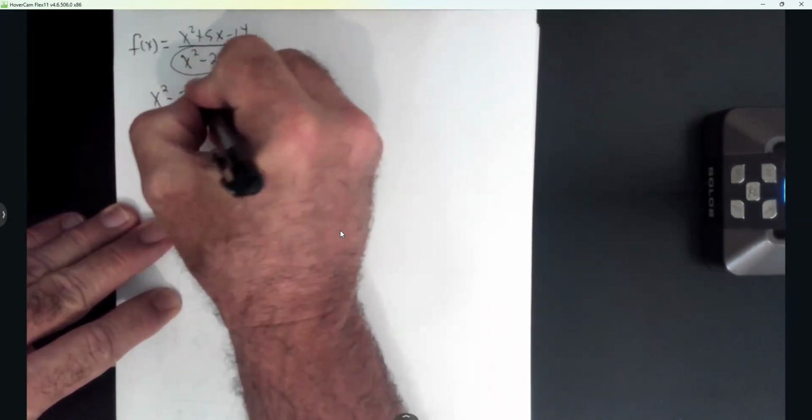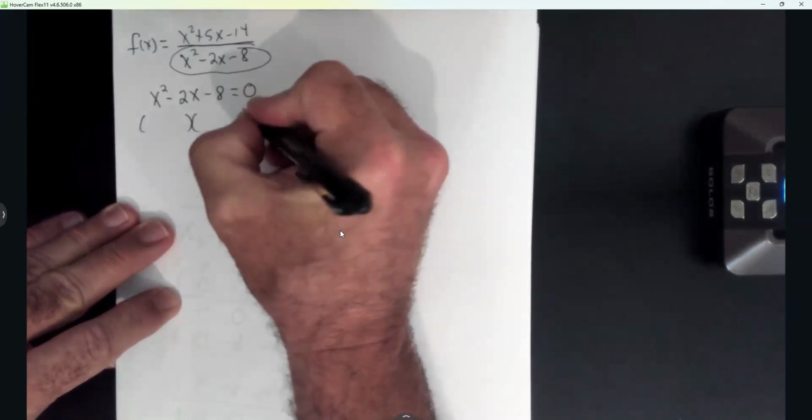So you would set x squared minus 2x minus 8 equal to 0. I'm going to solve that by factoring, but you could use the quadratic formula, or you could graph it, remember. If you graph it, you're looking for the x-intercepts where it crosses the x-axis.